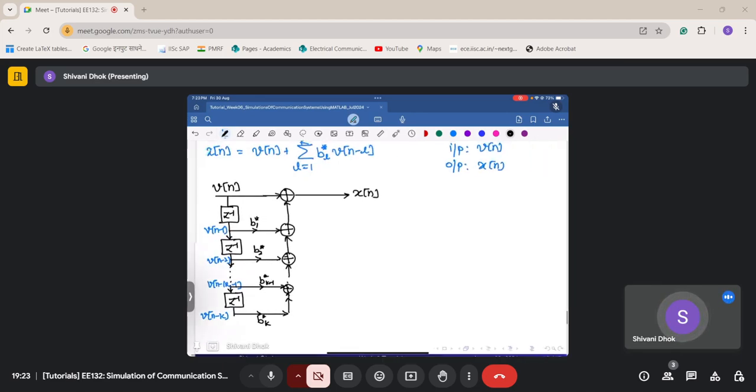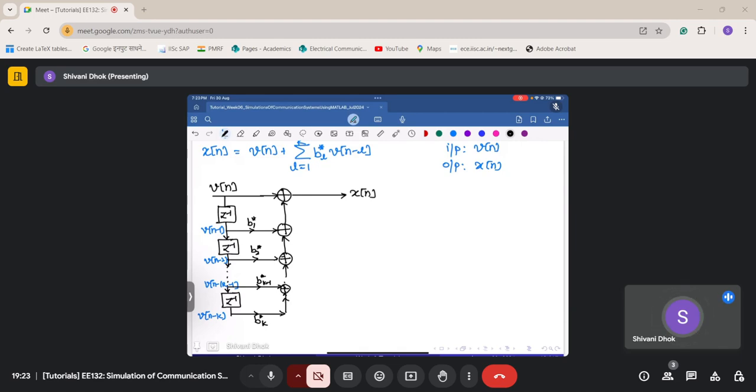So this is the representation for a tilted version of this particular thing was done. However, this is what we are having here. So this is the representation for your moving average process.